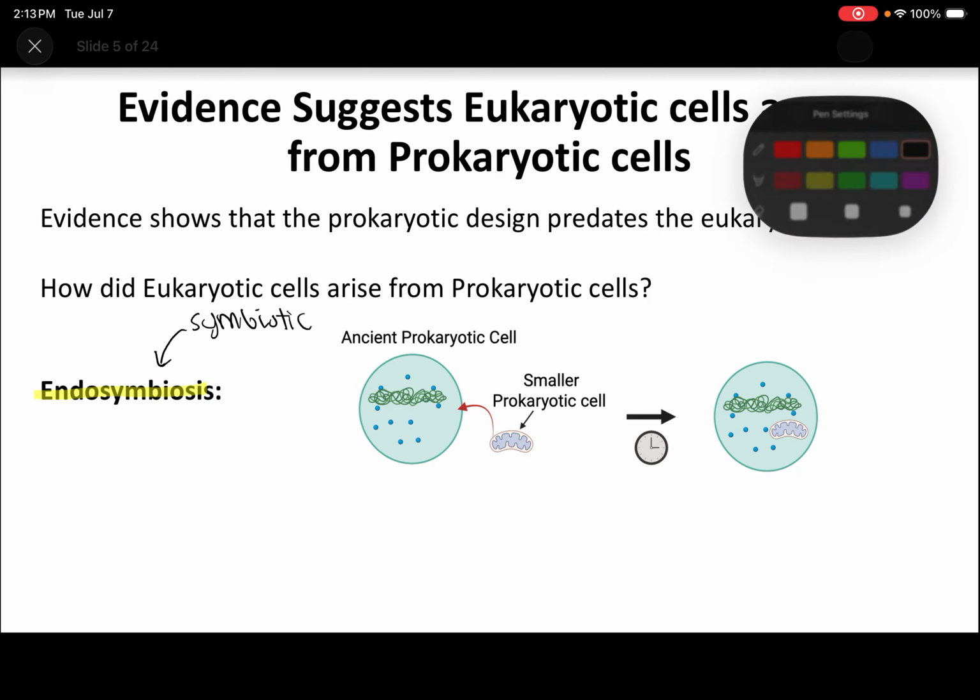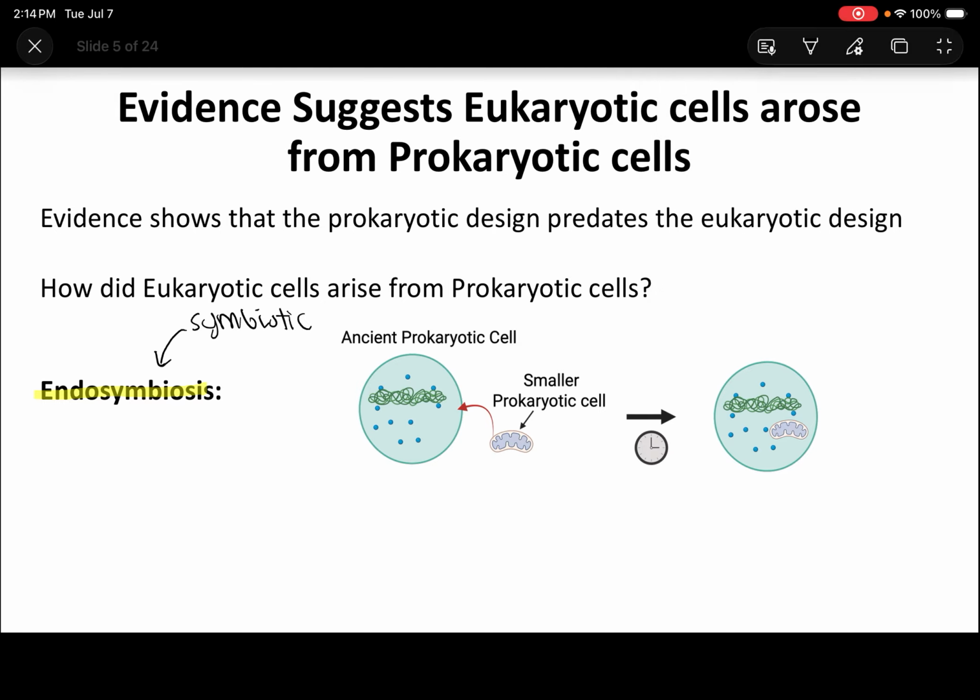The idea is there was an ancient prokaryotic cell that was pretty big, the big prokaryote, and there was a smaller prokaryotic cell, and somehow that prokaryotic cell ended up inside of the bigger prokaryotic cell. And so now that smaller prokaryotic cell is protected from predators, is protected from other things that could potentially take it out.